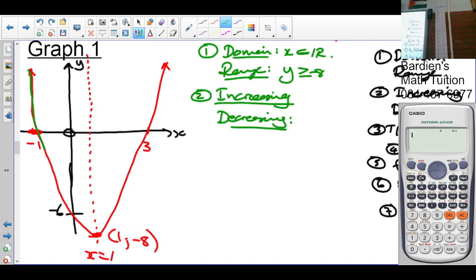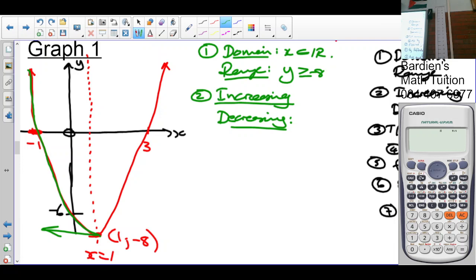As x increases, what happens to this graph? It's decreasing. Can you see that, people? So it's decreasing for x's less than. Up until which point does this graph decrease? Till an x value of 1.